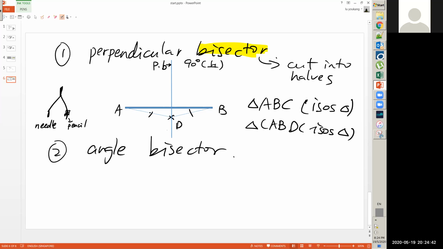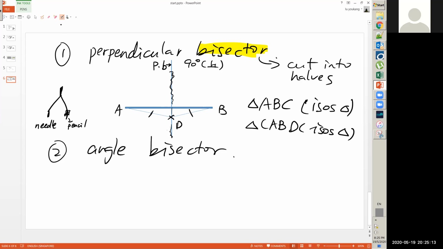So your AD is equal to your BD. So if you draw the perpendicular bisector of AB, any point on this line, if you join A to it or B to it, you will form an isosceles triangle.